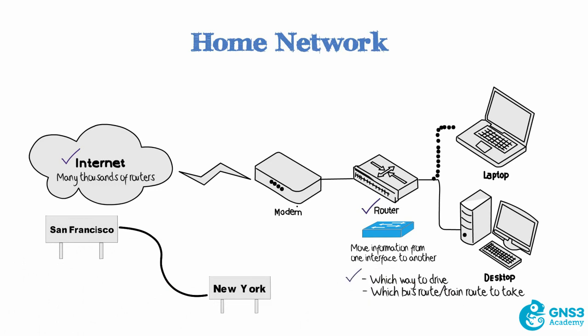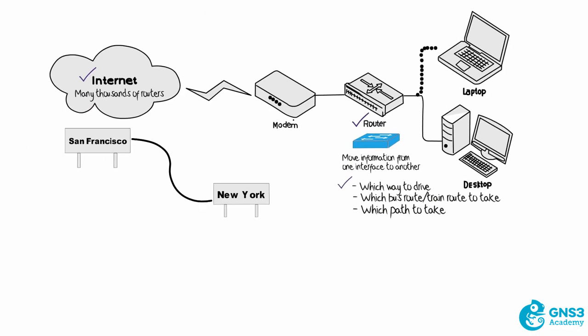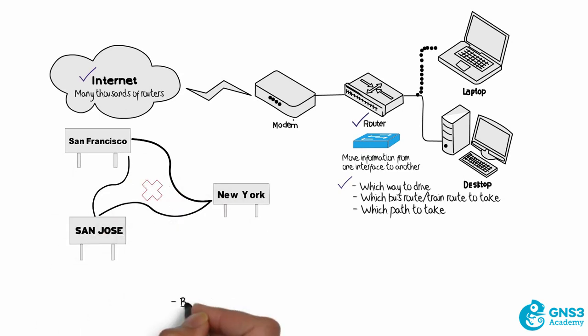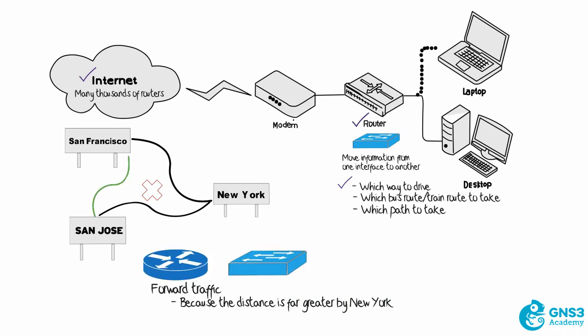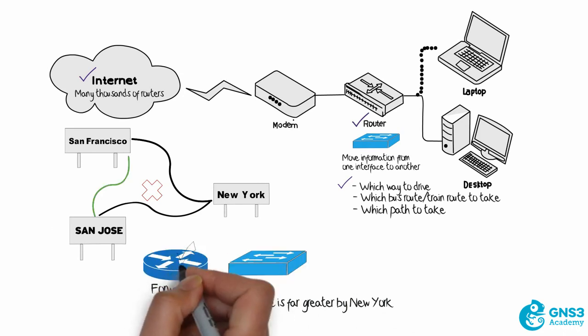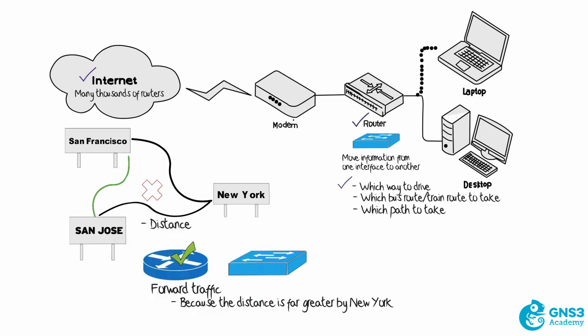You'd have to decide which path to take. If you were driving, as an example, from San Francisco to San Jose, you probably wouldn't decide to drive via New York, because the distance is far greater via New York than it would be simply driving from San Francisco to San Jose. In the same way, a router will make a decision based on distance or what's called a cost of a route to determine the best path to a destination.